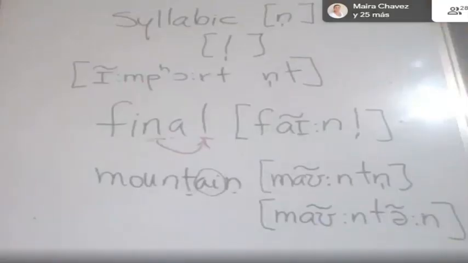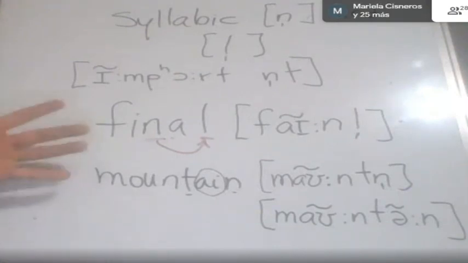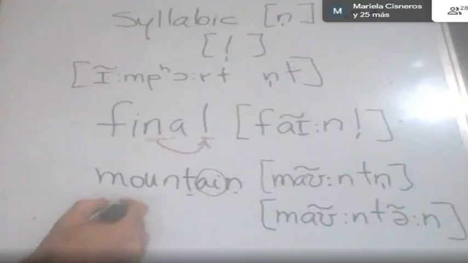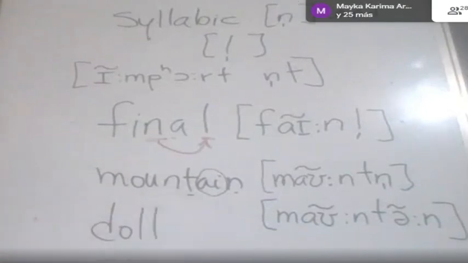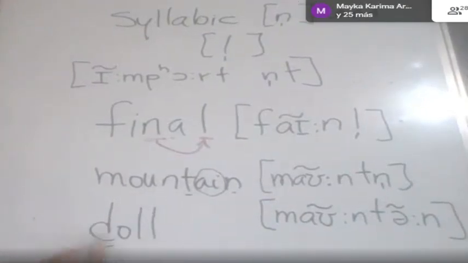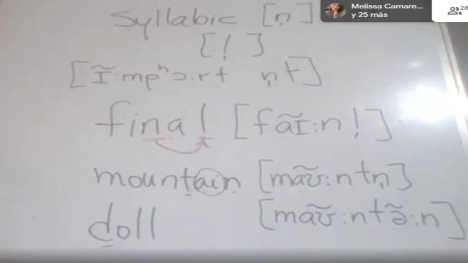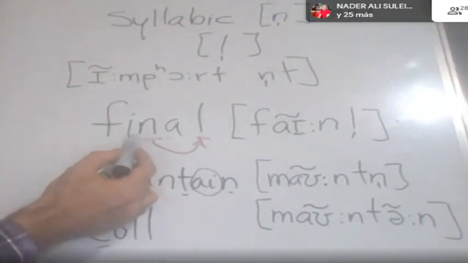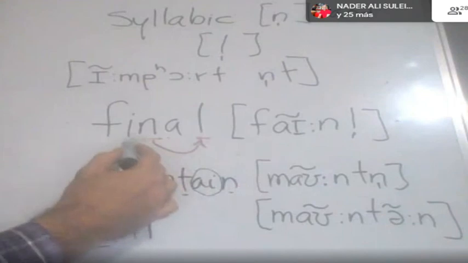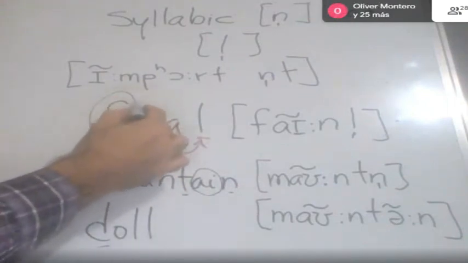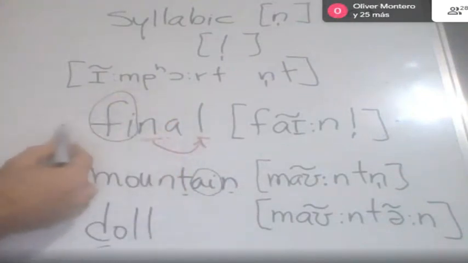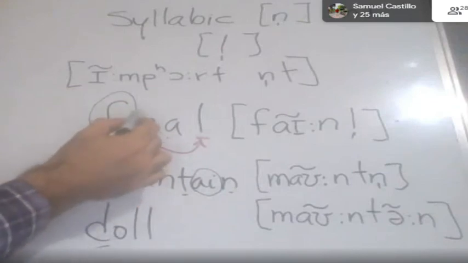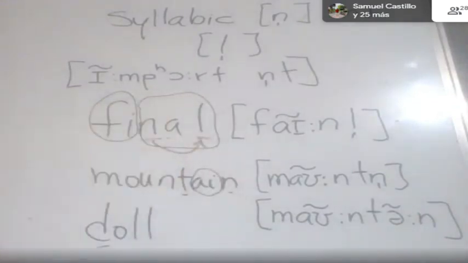Well, I'm glad that you came up with that example because the thing is, remember, this is part of the environment, but it's not the whole environment, right? If you remember, the other part of the environment is having a stressed syllable before, and then it happens in the unstressed syllable, right?